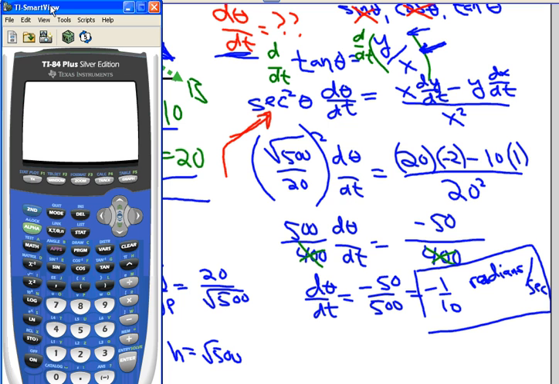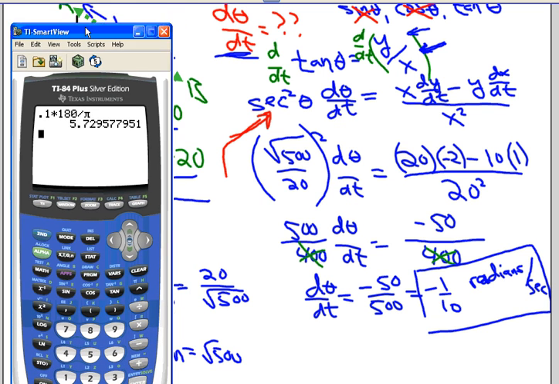If not, we can remember how you convert it. Here's a tenth of a radian, and there's 180 degrees per pi radians, so times 180 divided by pi radians. That's our conversion factor. There's 180 degrees per pi radians.